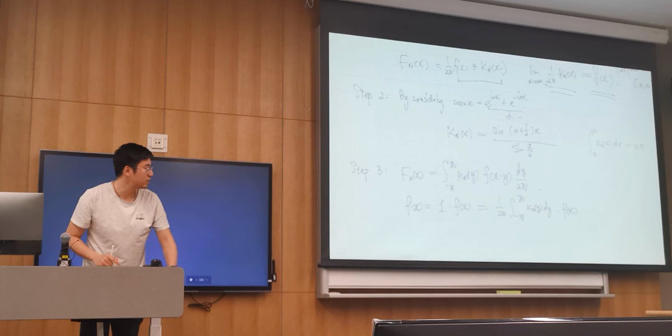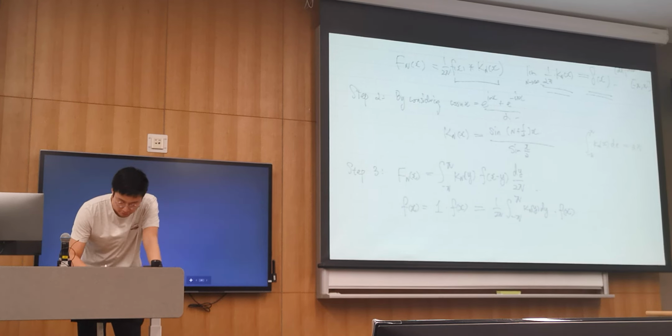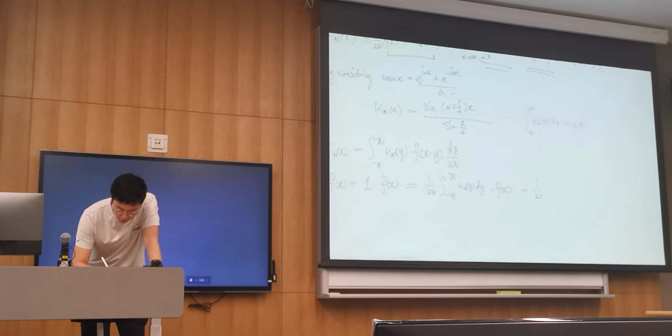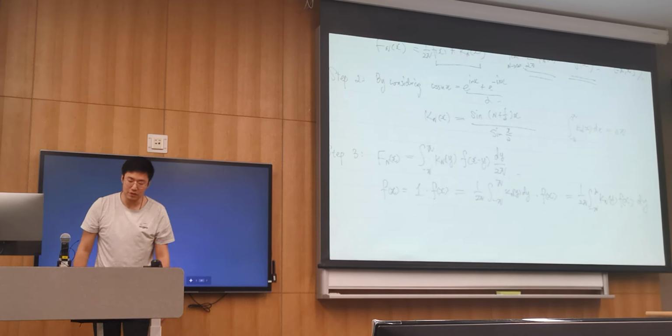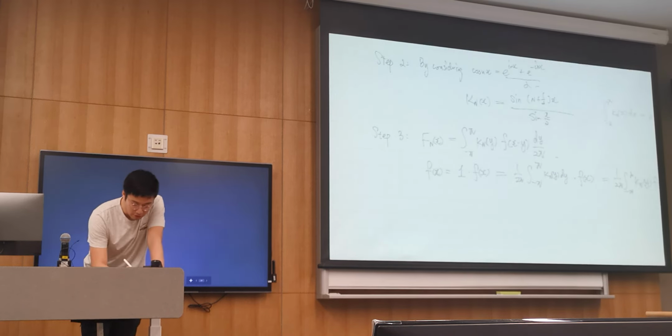If I put the f(x) into the integral, although it doesn't do anything, this is going to be 1 over 2 pi from negative pi to pi of K_n(y) f(x) dy. Now this is my f(x).